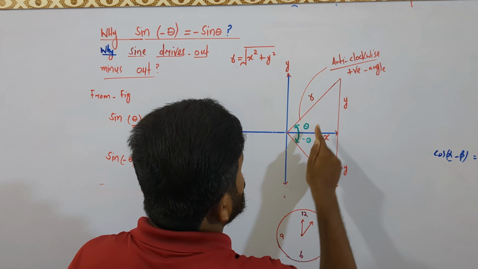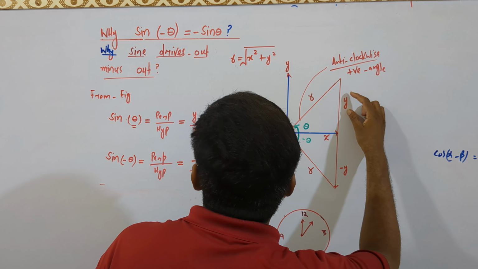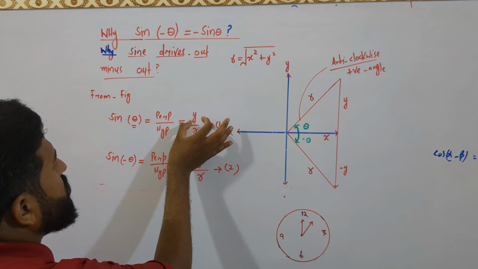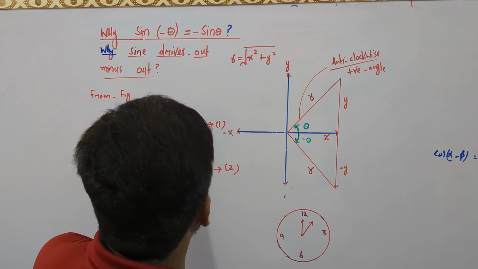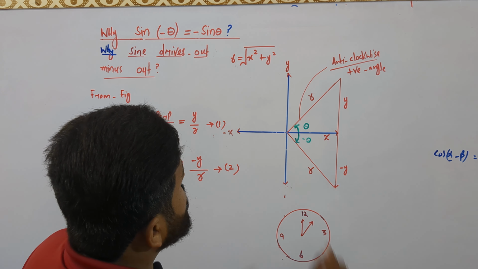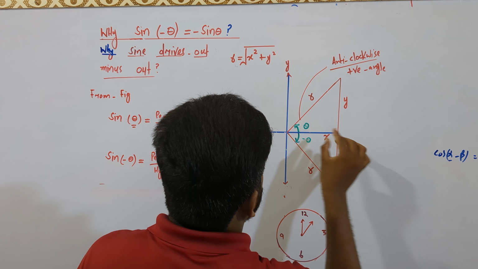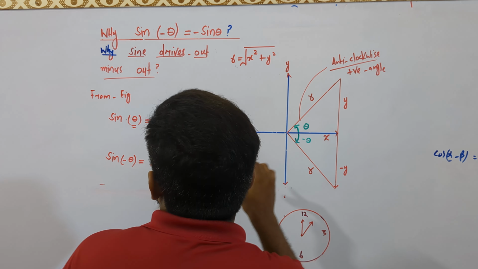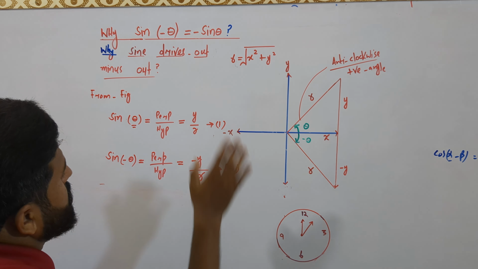That is y. The hypotenuse is r. So sine theta is equal to y over r.